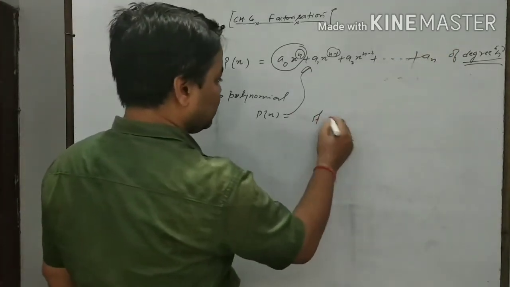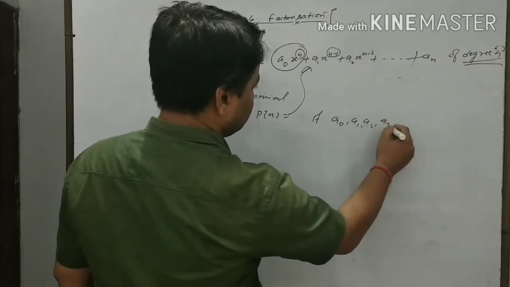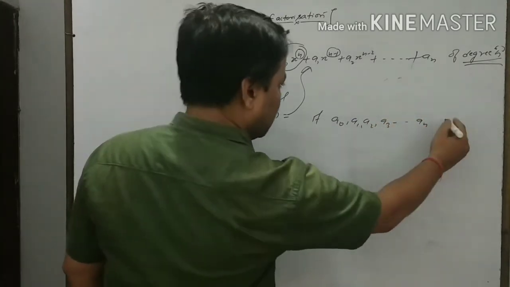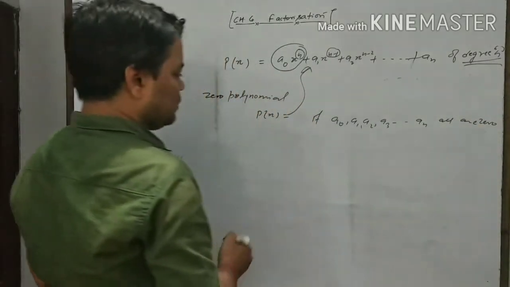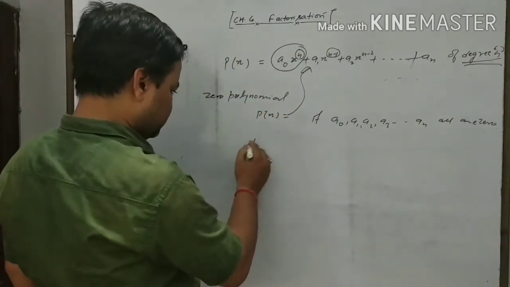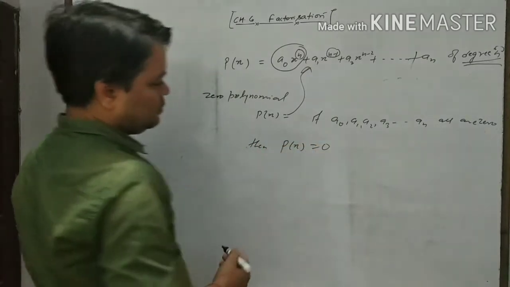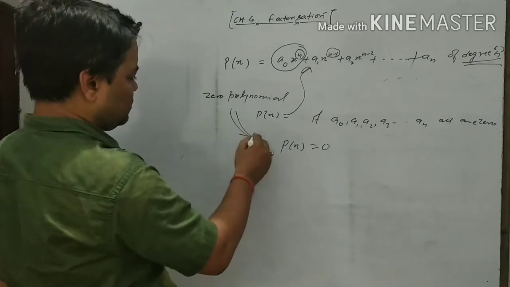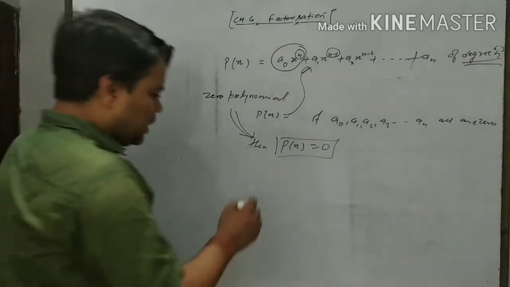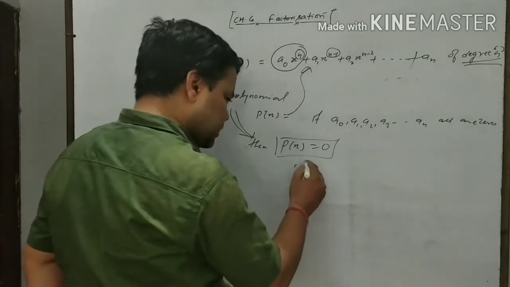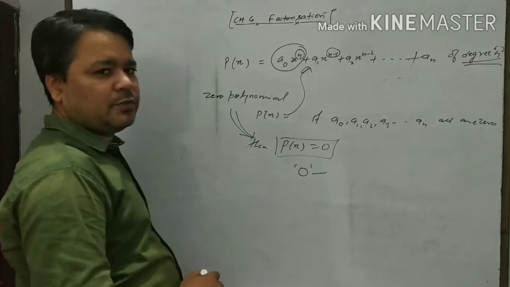If a0, a1, a2, a3 up to an are all 0, then its value will be equal to 0, and this is called the zero polynomial. Okay, it means if you only write 0, then this is also a polynomial, and it is called the zero polynomial.